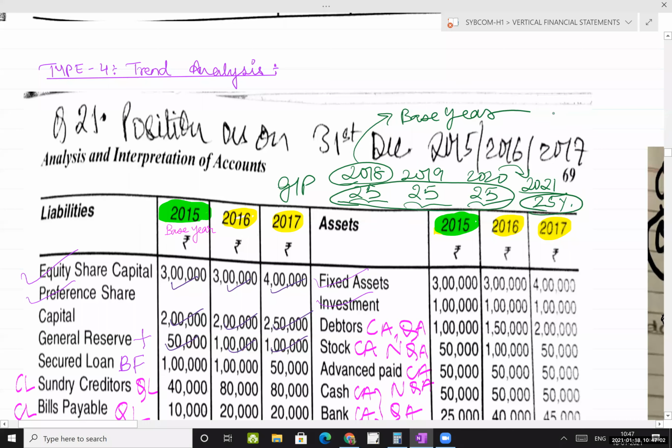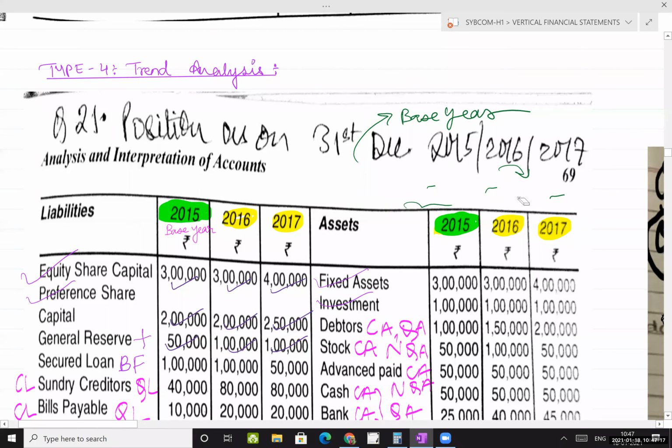In trend analysis everything is based on the base year. Any data you want to compute will be computed on your base year, and that is known as trend analysis. Am I clear to everyone? Understood what is trend analysis? It helps you to be futuristic.